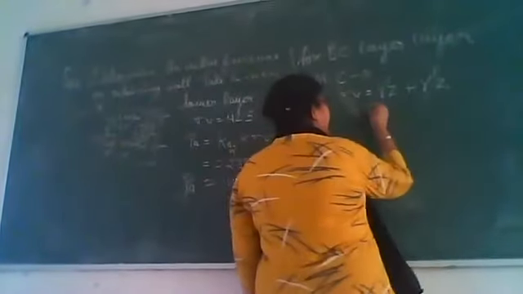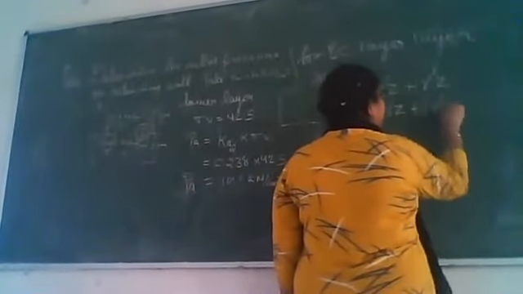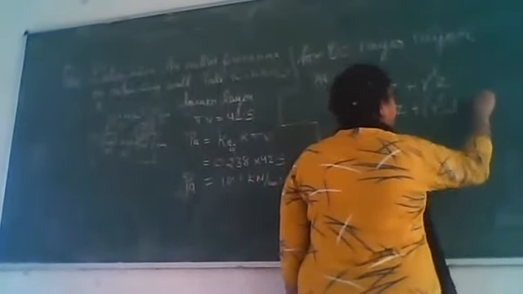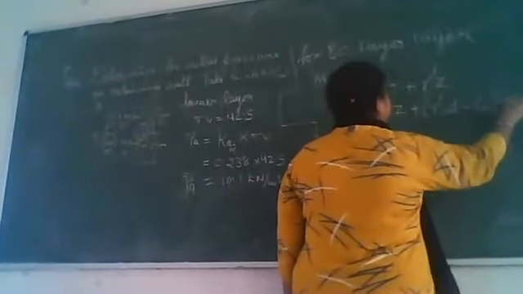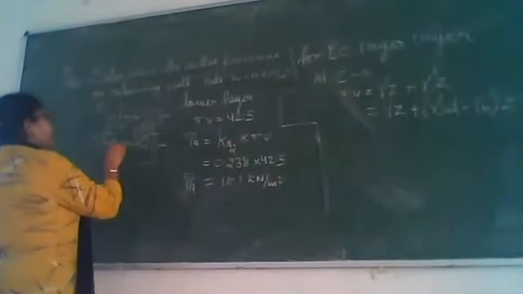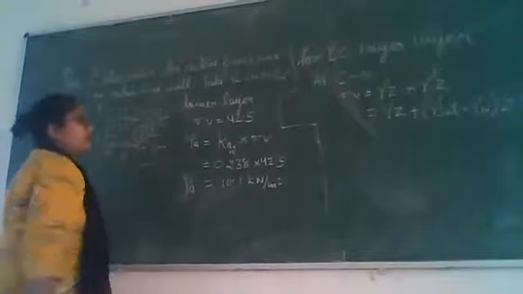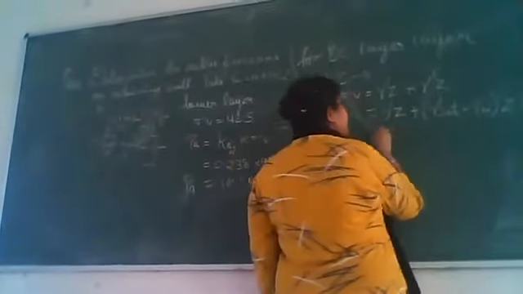So what we are doing here: gamma Z plus (gamma saturated minus gamma W) multiplied by Z. What is gamma saturated here? We have in the question that it is 18 kilonewton per meter cube, and gamma W is 10.